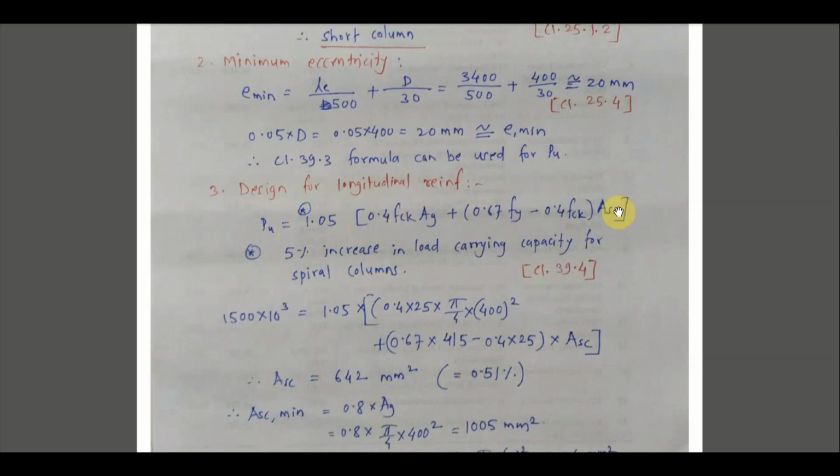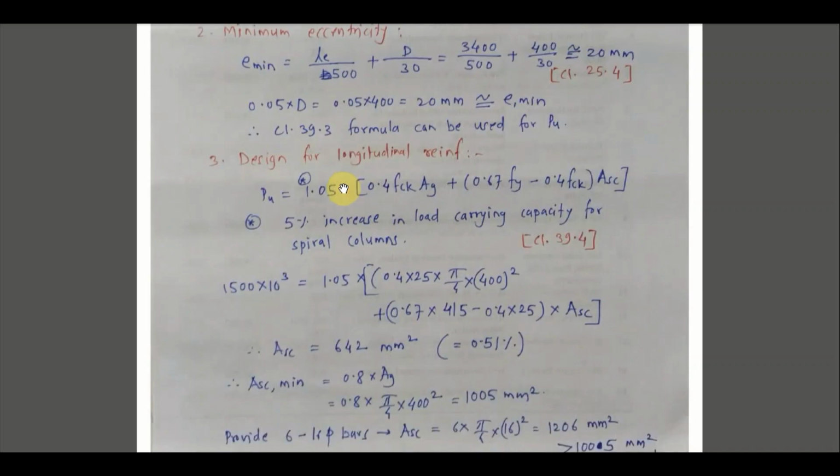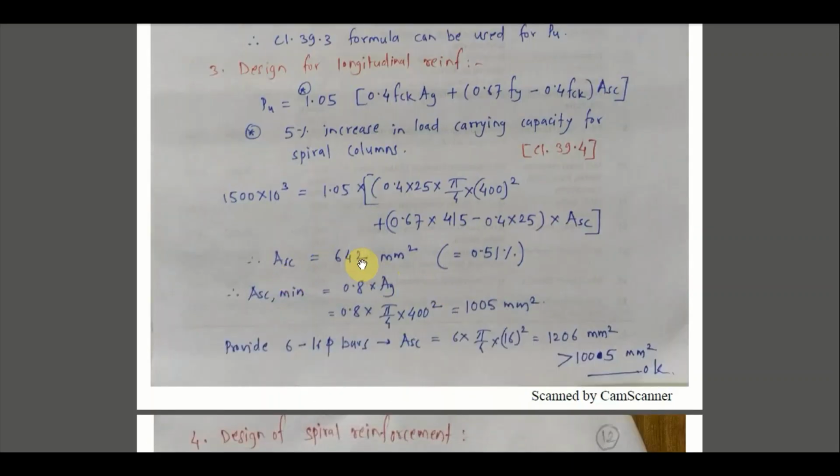So this version of Pu formula we have derived in last part. So you can refer to that. I will not go in detail right now. So put all the values. Only unknown is Asc. So value of Asc now coming out to be 642 mm square.